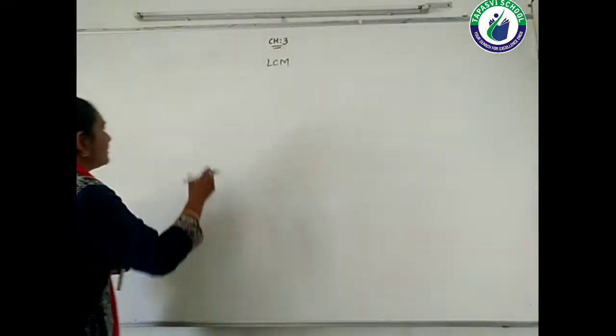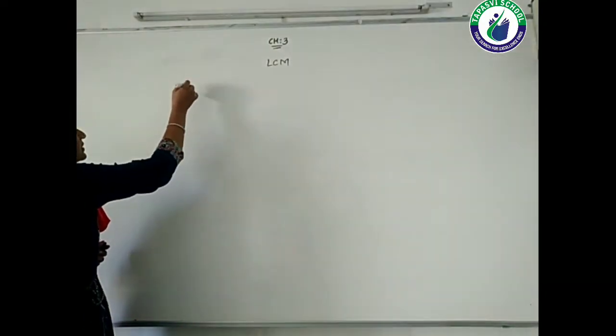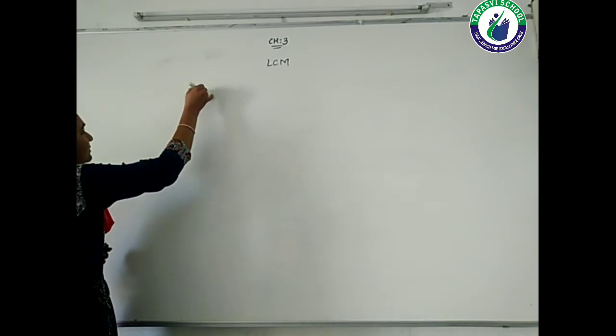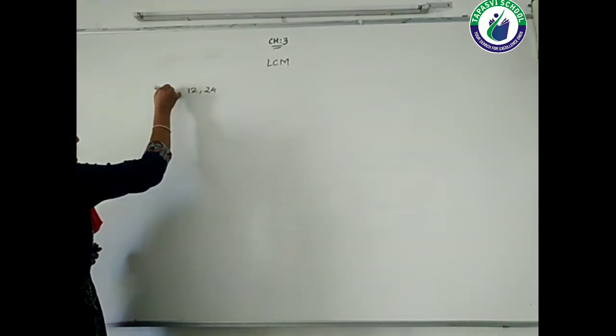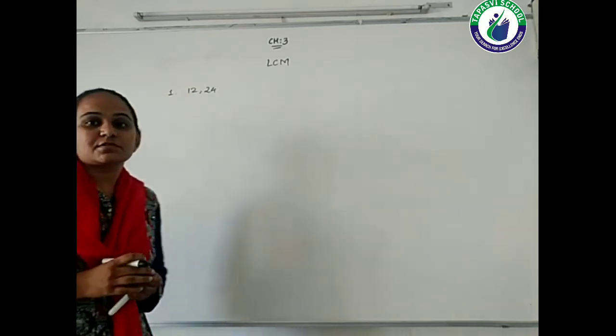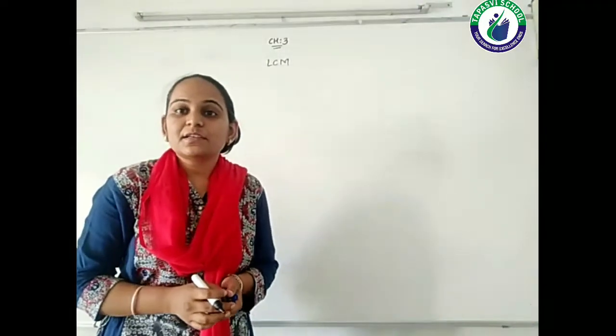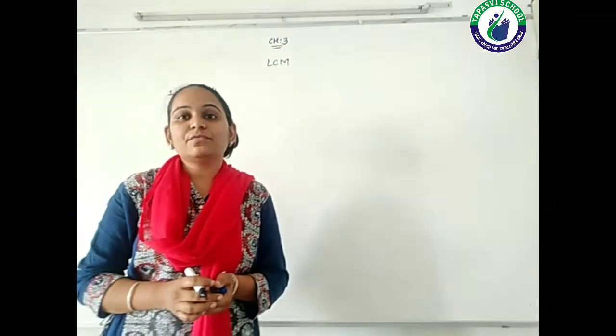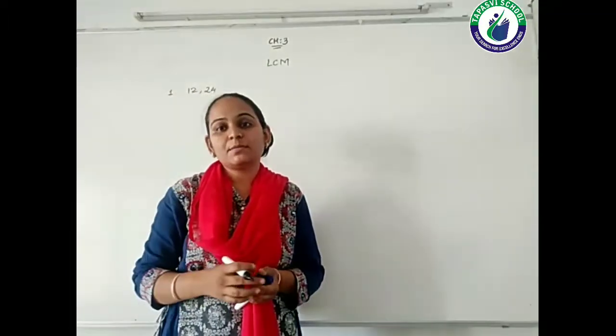So first example, say for example I have the numbers 12 and 24, and I want to find the LCM of those numbers. Your first method is to write the multiples and then find the least common multiple from them.